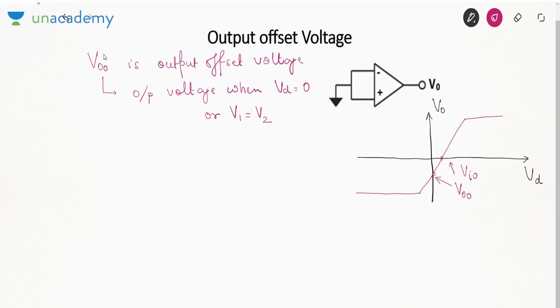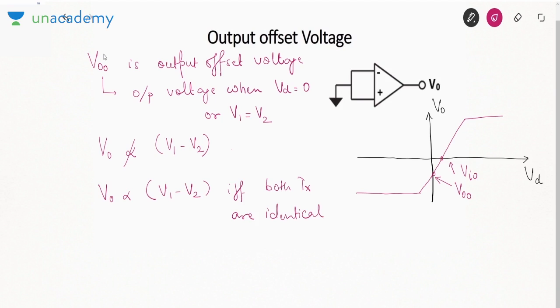Now, why is output offset voltage coming? Because V0 is not directly proportional to V1 minus V2. This direct proportionality can only hold if both transistors are identical, which means the transistors connected at the input stage of the op-amp. If both are not identical, both voltages will have different values of gain, so the output will not be proportional to their difference.